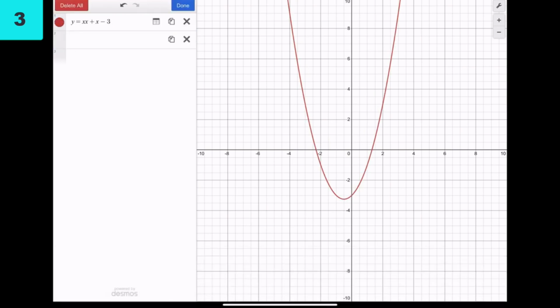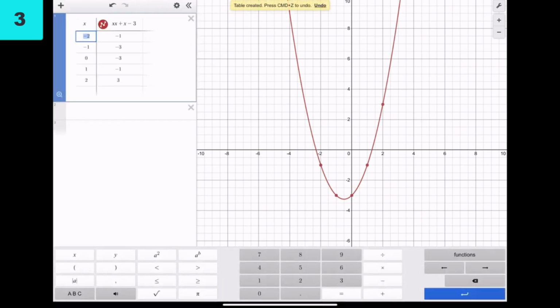And then I click on the gear and then I want a table of values. So those are the numbers that I want to fill out. Take a picture of those, or just write it down. Negative 2, negative 1, negative 1, negative 3, 0, negative 3, 1, negative 1, 2, 3.